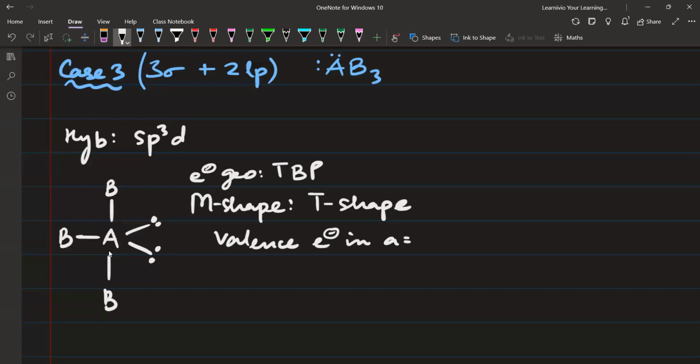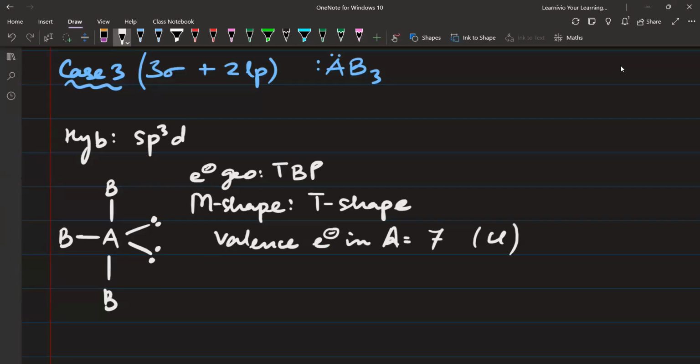How many valence electrons? 7. Very good. In A, there will be 7. We have 3 bonds, 4, 5, 6, 7. 2 lone pairs, no? 2 lone pairs will have 4 electrons. So this will be chlorine. Chlorine is chlorine, bromine also.